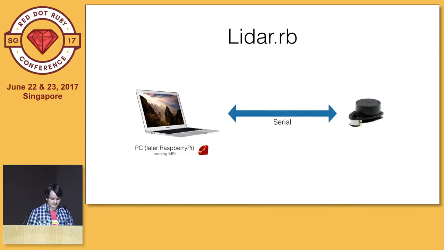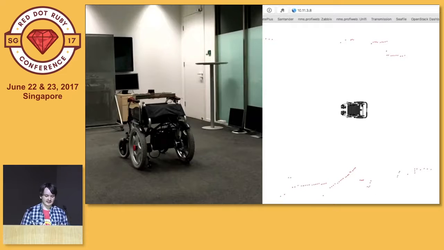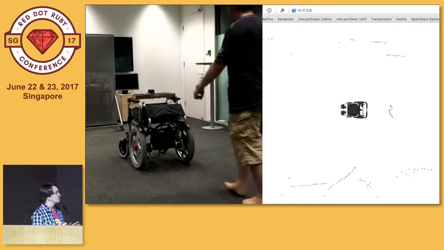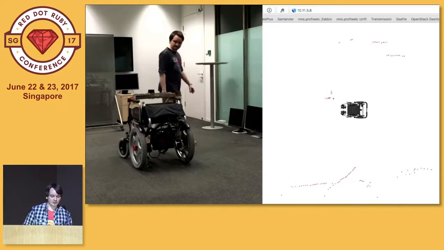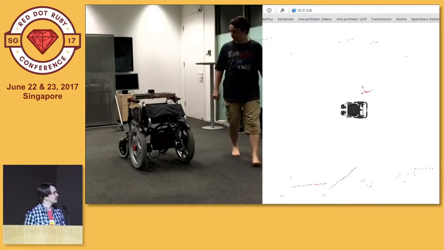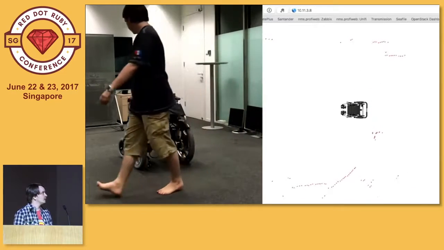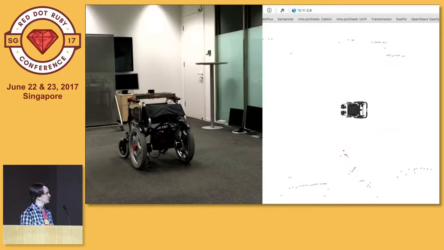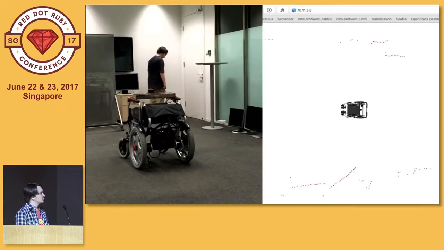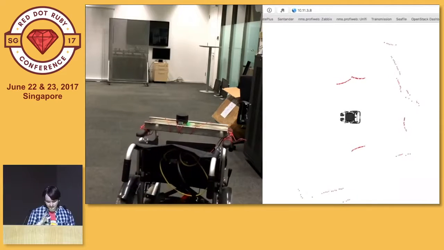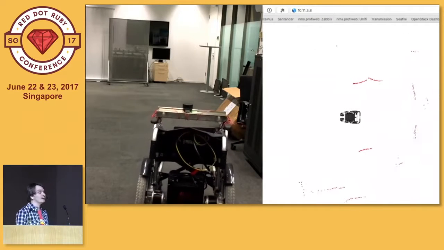After working on that, what I can now do is, I have the wheelchair, and I can detect obstacles moving around the wheelchair. That's of course quite beneficial if you do not want to bump into something. You can just lower the speed the closer you get to an object, or you can stop if the object is too close. The same thing is of course not only for static environments, but also for moving environments.